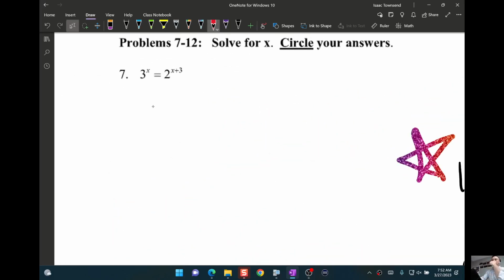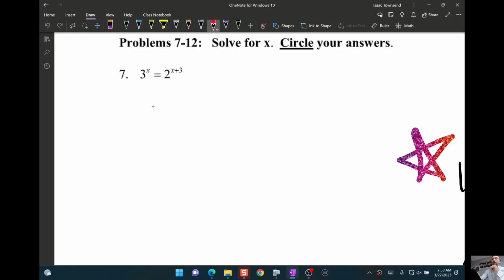Now, number 7, going back to this one, I just don't like this one first, but if we think about what we did on these other questions, one time I condensed. That doesn't look like it helps here. Many times I switch the forms. This doesn't fit exponential form. It's not quite exponential form, so I can't do that. It's not logarithmic form. There's no log.